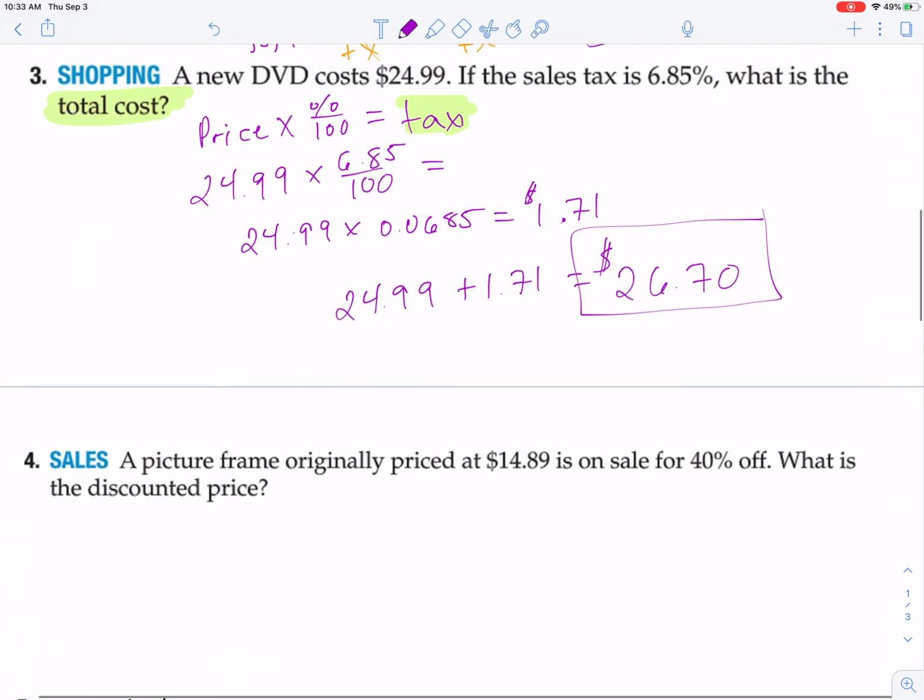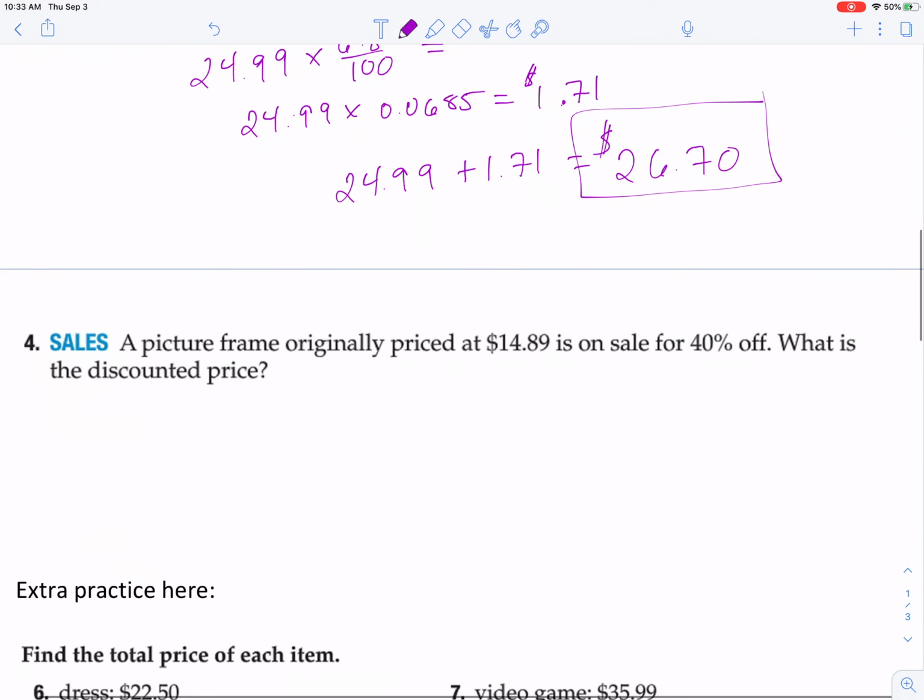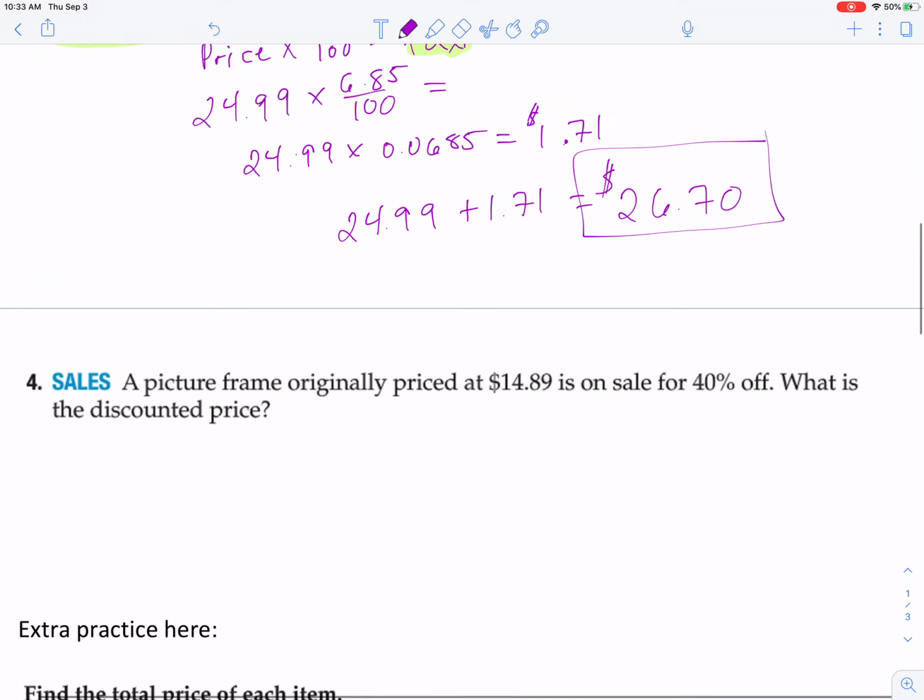Now on the other hand, if I had a discount, that would have to be subtracting it, right? So what I'm going to do is the price times the percent divided by 100, convert it into a decimal, is going to equal the discount. That's how much money you're going to take away from the final price.